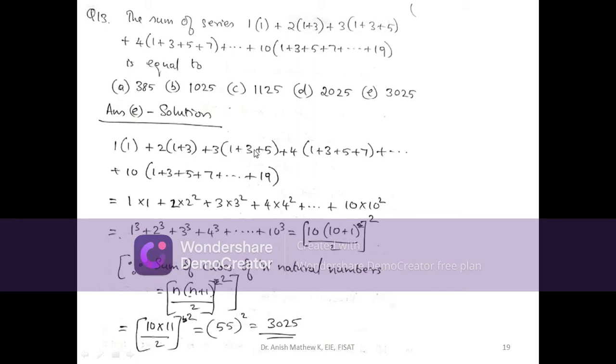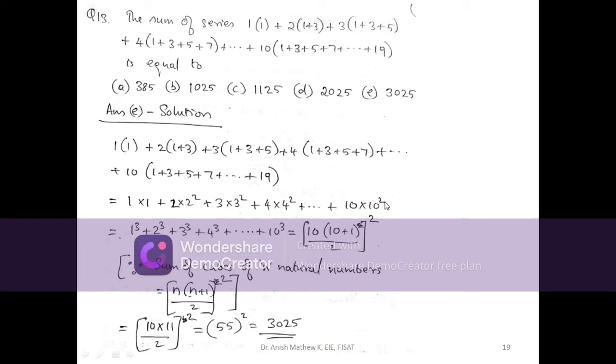So 3 into this would be 9, so 3 into 3 square, plus 4 into this: 1 plus 3 is 4, 4 plus 5 is 9, and plus 7 is 16. So 4 square. So you can see there's a pattern like this: 1 into 1 square, that is 1, plus 2 into 2 square, plus 3 into 3 square, plus 4 into 4 square, plus etc. The last term would be 10 into 10 square, that is 10 into 100.